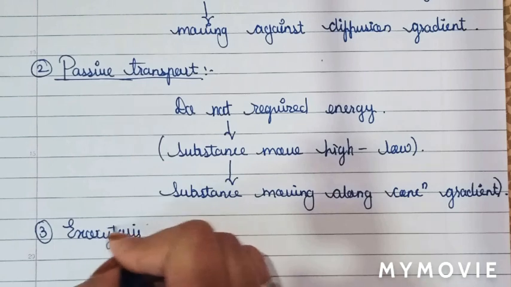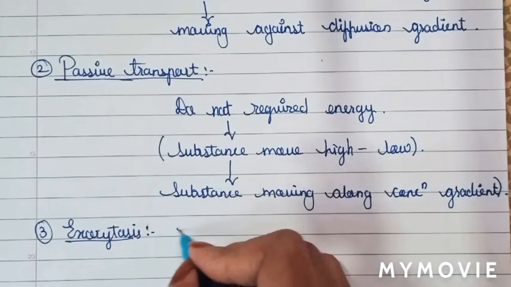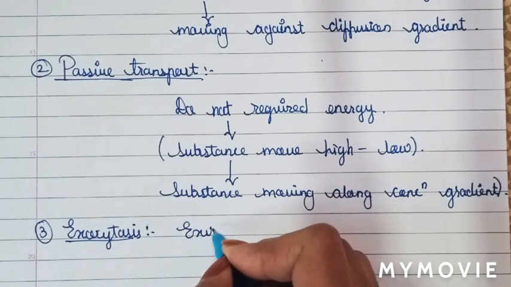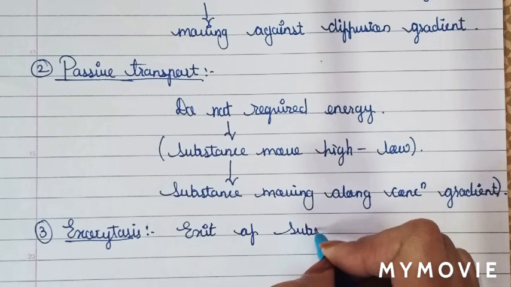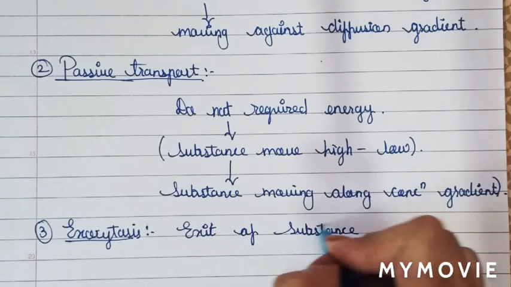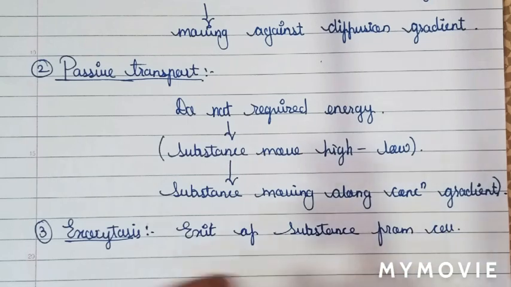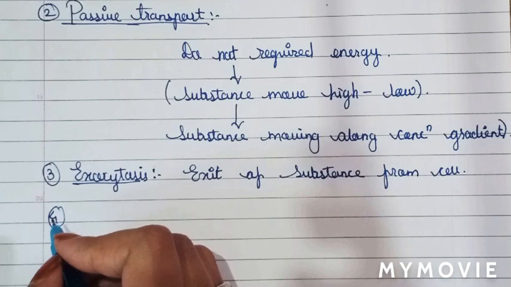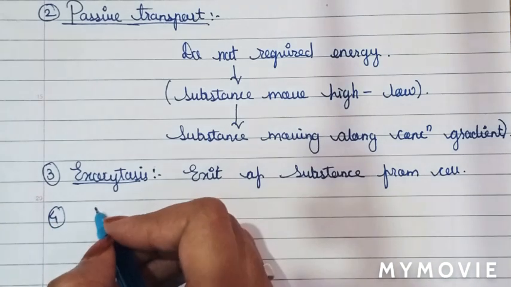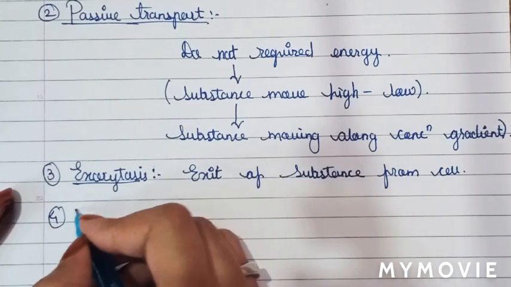And the fourth one is endocytosis, which means the intake or entry of substance inside the cell.